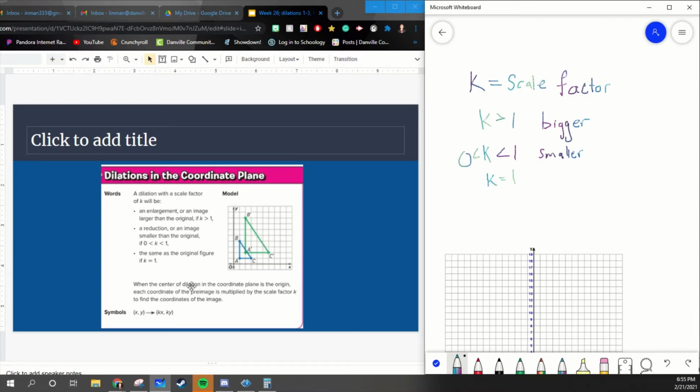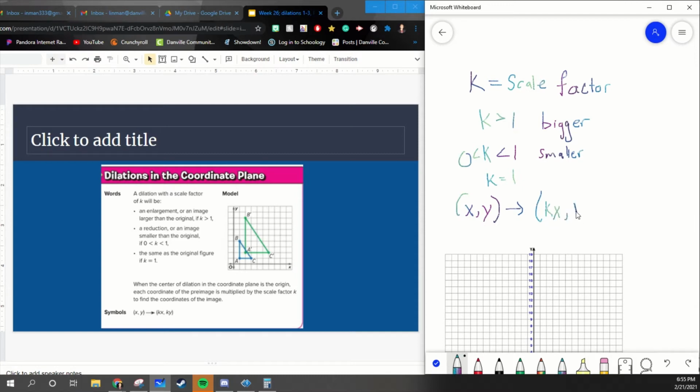When the center of dilation in the coordinate plane is the origin, each coordinate of the pre-image is multiplied by the scale factor k to find the coordinates of the image. This is actually a fairly easy transformation to do. When you have a point (x, y), you take whatever scale factor they give you, or whatever you find to be the scale factor, and multiply it by your original points.